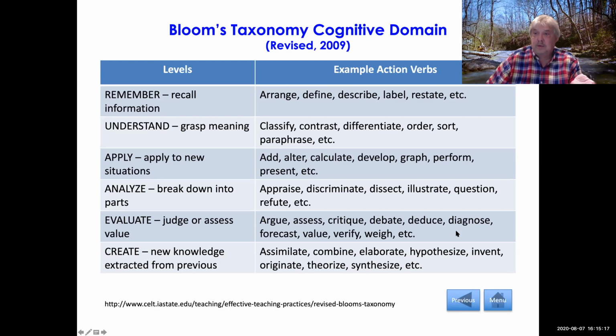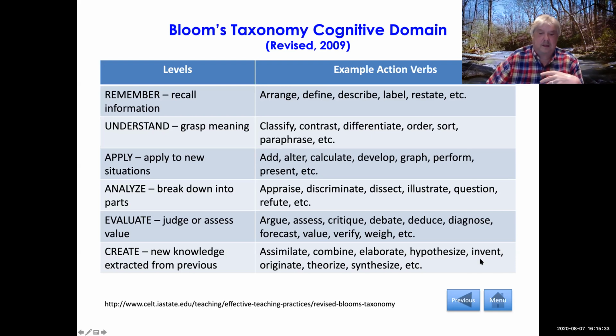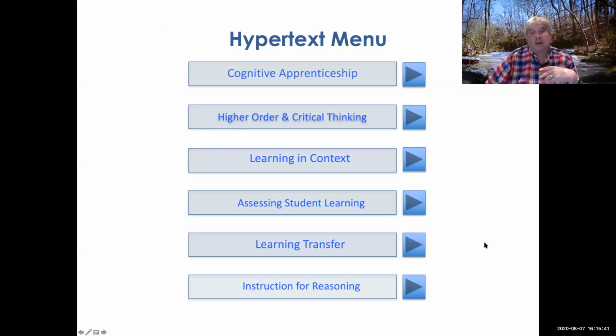What's the quality of the evidence? How would you weigh the evidence? And then the last level is to create new knowledge, to simulate, elaborate, hypothesize. That is a little bit about creative thinking, or higher order critical thinking.